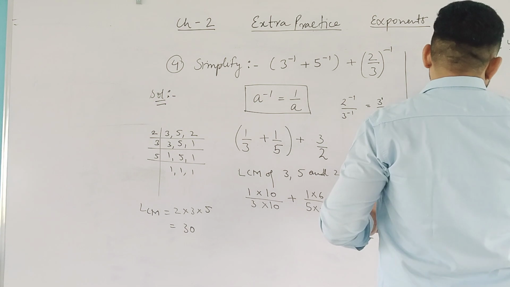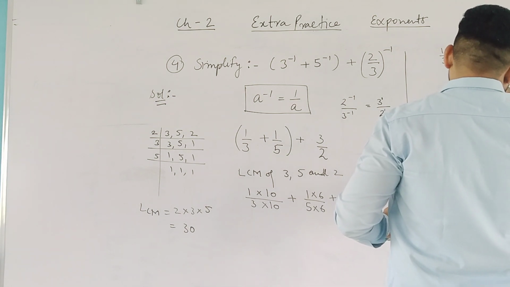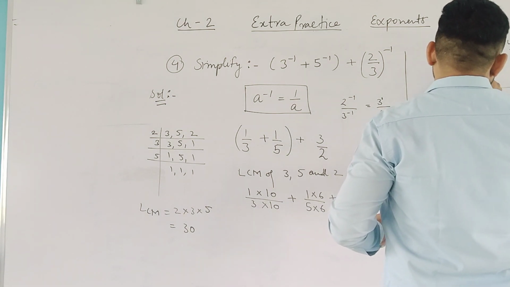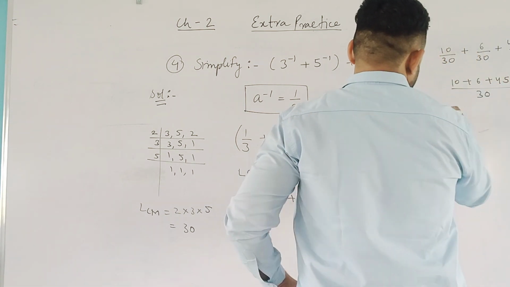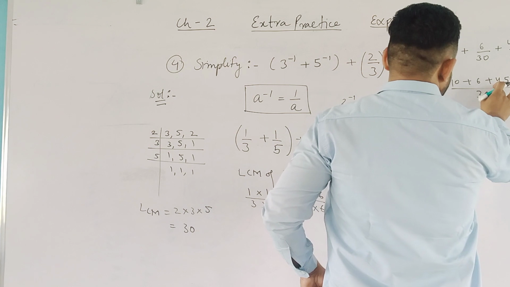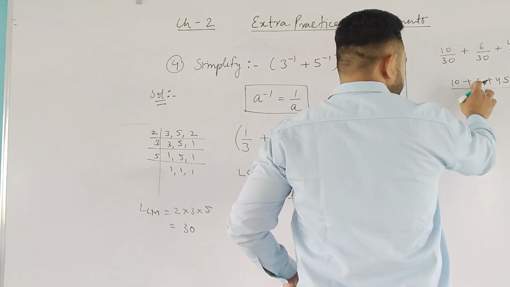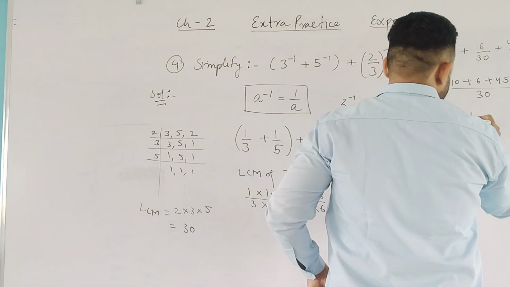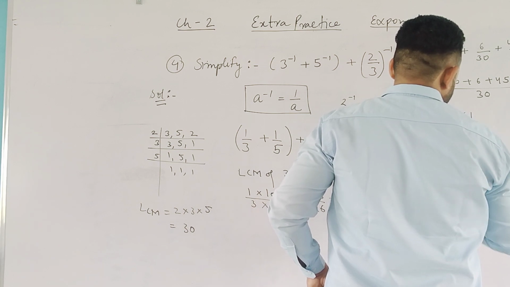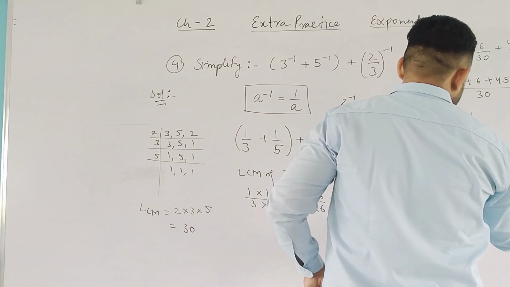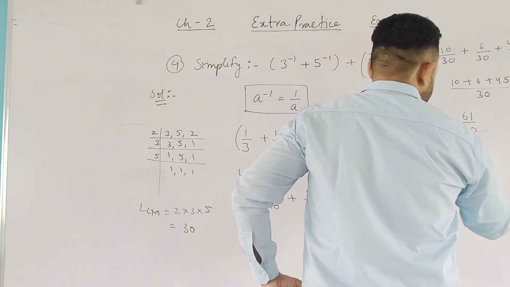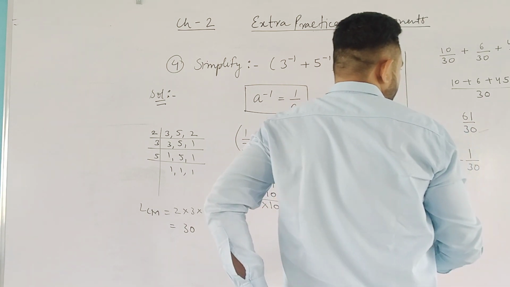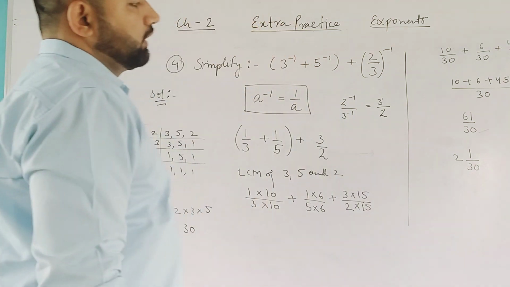So the LCM of 30, 30 and 30 is 30. 10 plus 6 plus 45. What will be the addition of this? 45 plus 10 is 55, plus 6 is 61. 61 divided by 30. If you write it as a mixed fraction, 30 goes into 60, and the remainder is 1. So the answer will be 2 whole 1 by 30.